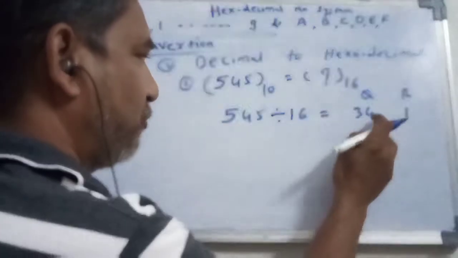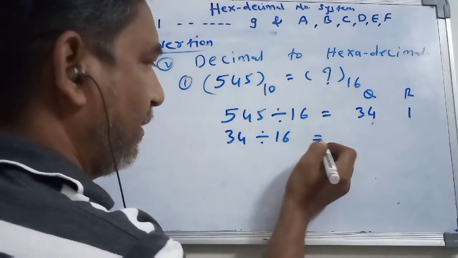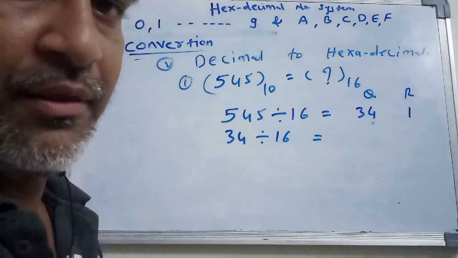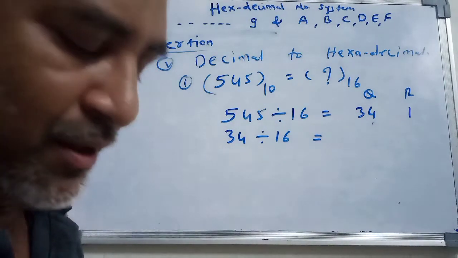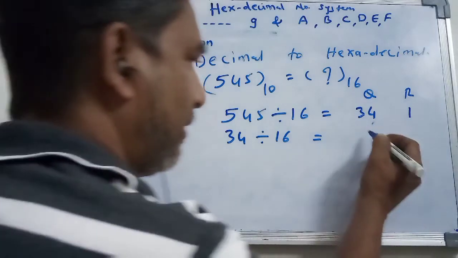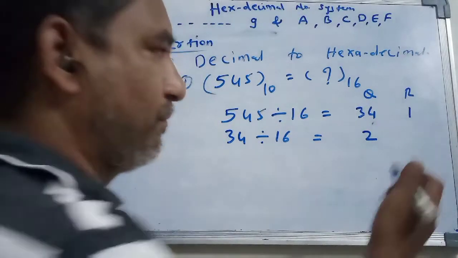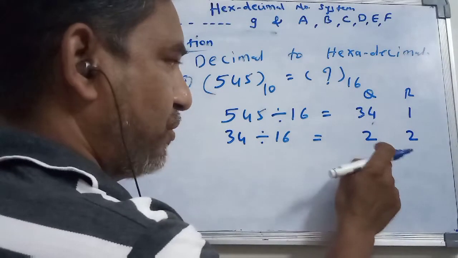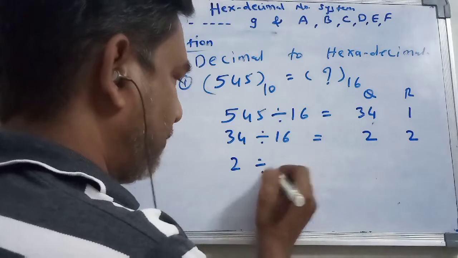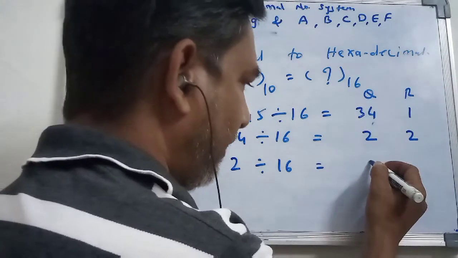Then whatever quotient you have got, this quotient has to be divided again by 16. If you divide 34 by 16, you will get the quotient 2, and the remainder again 2.